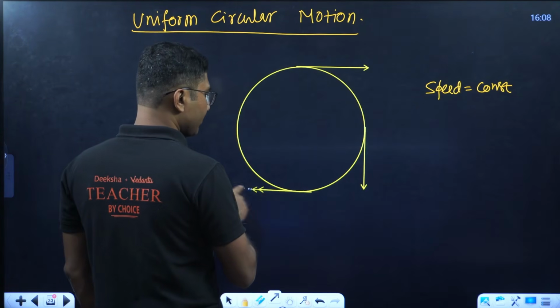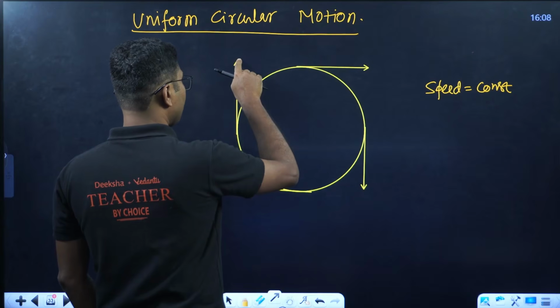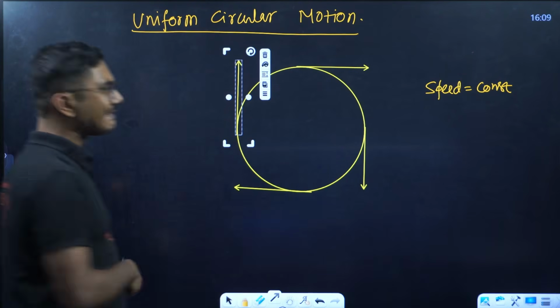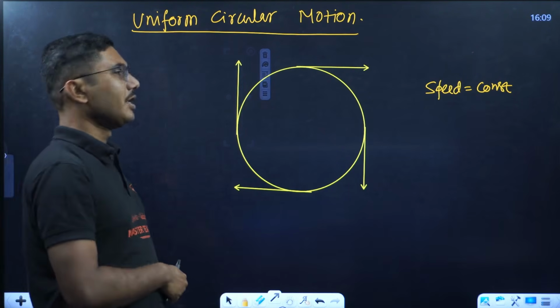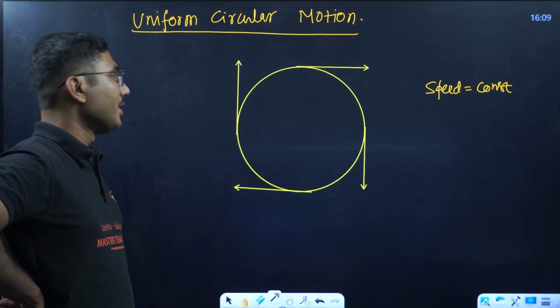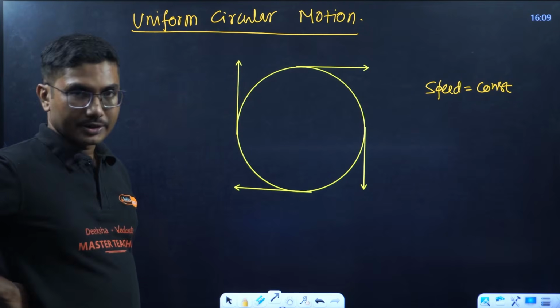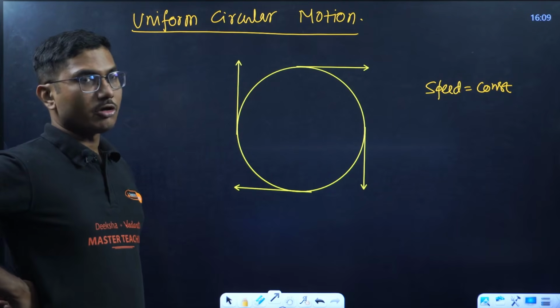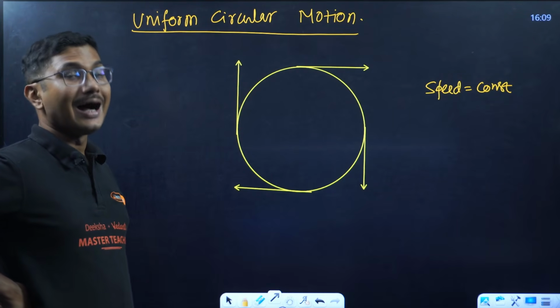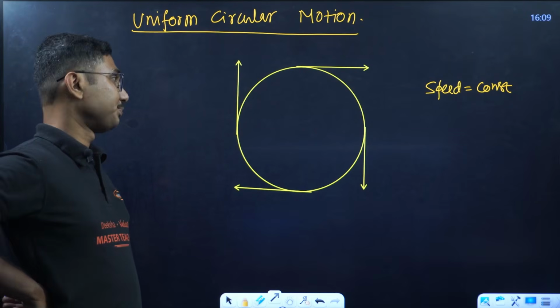At some other position it is like this. At some other position it is like this. So the direction of the velocity is changing at each and every point. So that means what? That velocity is not constant. And if velocity is not constant, there will be an acceleration.